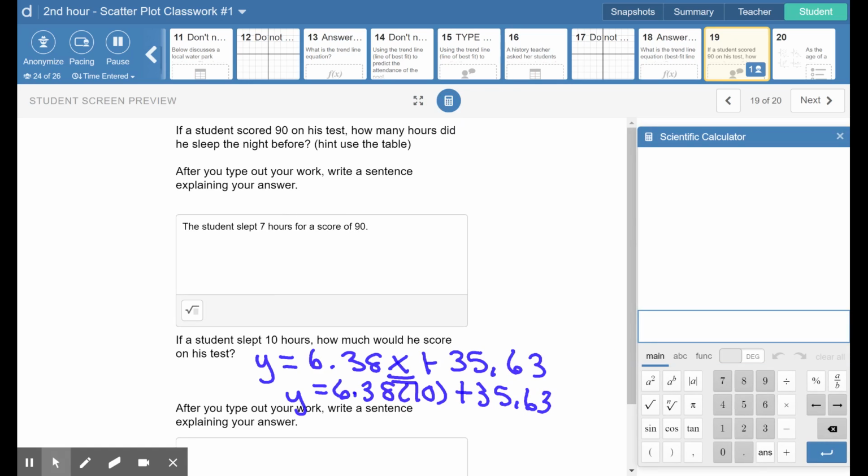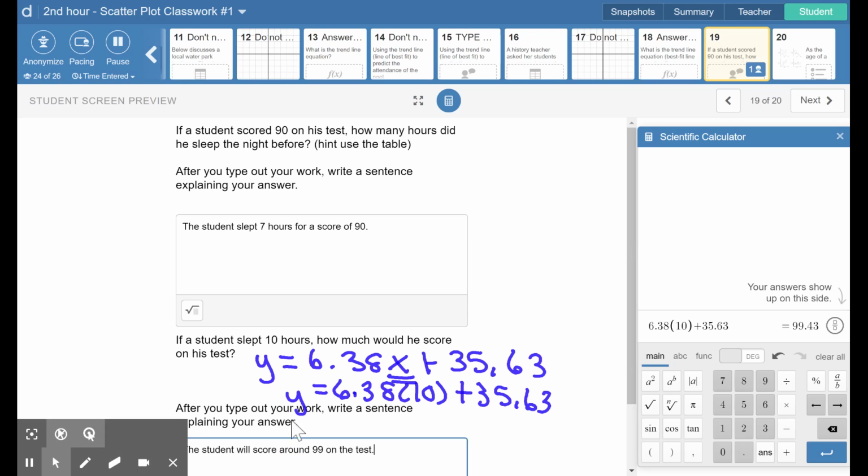So we're just going to plug in 6.38 parentheses 10, close the parentheses, plus 35.63. And you can just write the student will score around 99 on the test. Because we got 99.43. So you can say 99.43, or you could just round it.